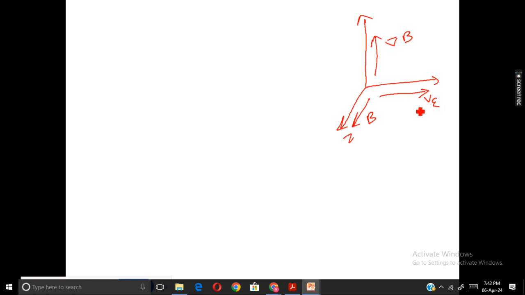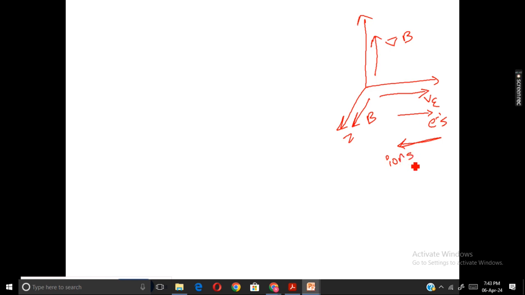So due to the drift velocity, with the inhomogeneous magnetic field, this is the direction of V delta B. In case of electrons, it is along the positive x direction, and in case of ions, it is along the negative x direction.